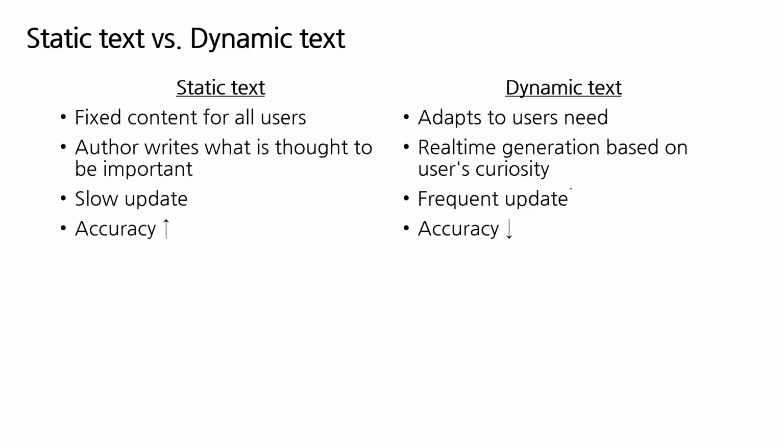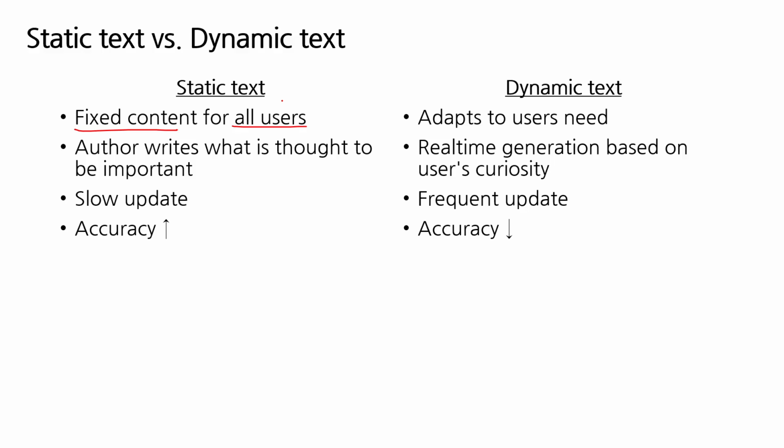So this concept of dynamic text mentioned here, dynamic text generated from large language models, is a relative concept with static text. Our traditional learning materials like textbooks and articles. So this kind of static text is usually fixed content and it is same for all users.